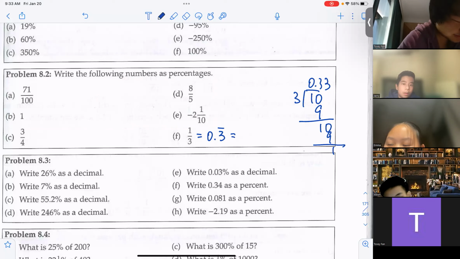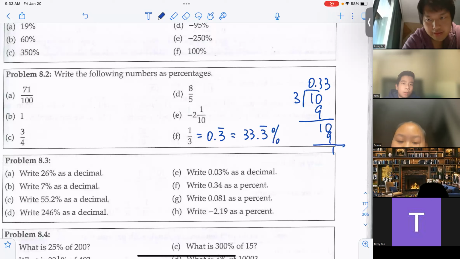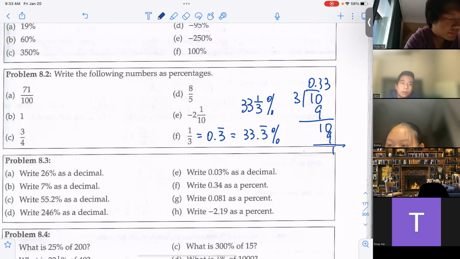So if you move it 2 places, there will be 33.3%, 0.3 repeated like this, okay? So 33.3 repeated percent. Or if you want, you can do 33 and 1/3 because 3 repeated is 1/3. So both will be acceptable.